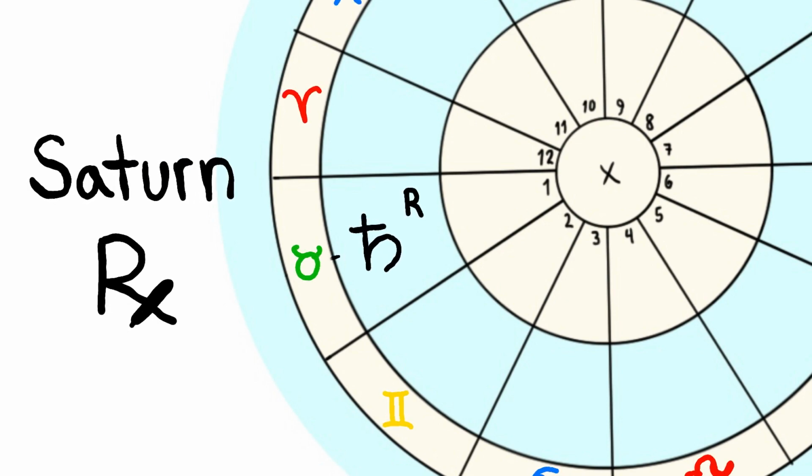There could just be difficulty following structure, especially the type of structure that would have come with having a fully present father figure who asserted an authoritative and structural role. So sometimes those that have Saturn retrograde may let responsibilities get out of hand before they actually attend to them.